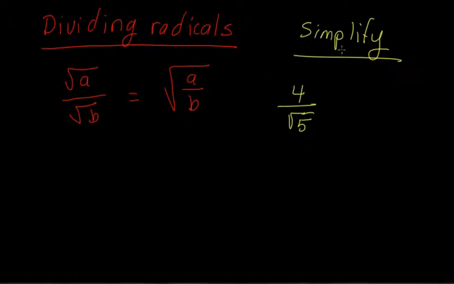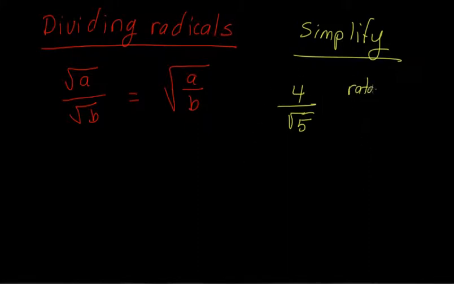But when the instruction is to simplify, that means by definition that there is never ever a radical in the denominator. So you've got to get that radical in the denominator out of there, and it's called rationalizing the denominator.